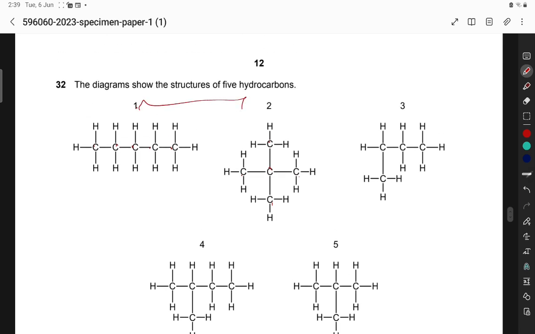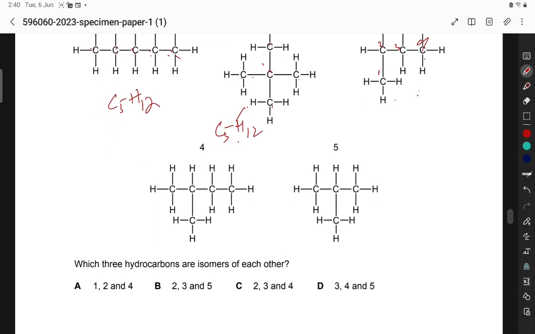These two are isomers of each other because they are C5H12, and this is also C5H12. So the molecular formula is the same, but the structural formula is different, so these two are isomers. Number 3 is not an isomer, because in this compound 4 carbon atoms are present, while in 1 and 2, 5 carbons are there.